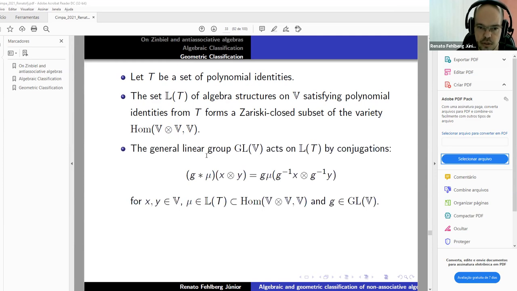We have an action of the general linear group GL on the set L_T given in this way.